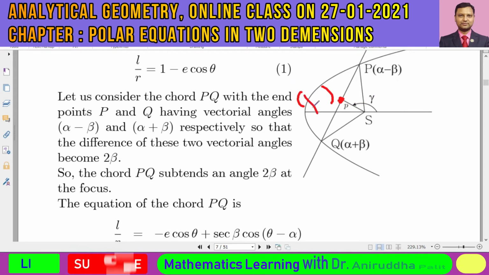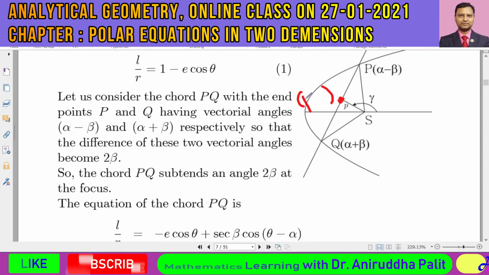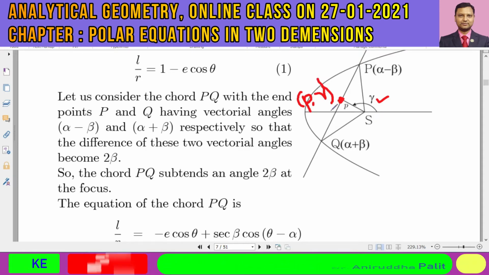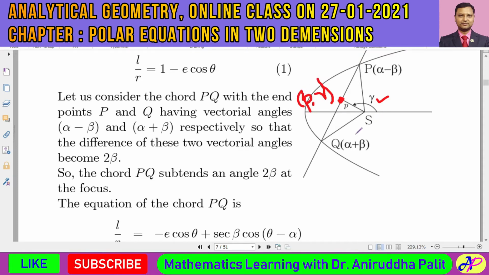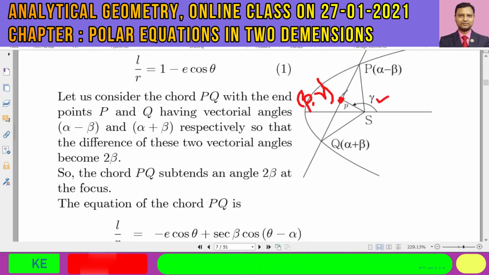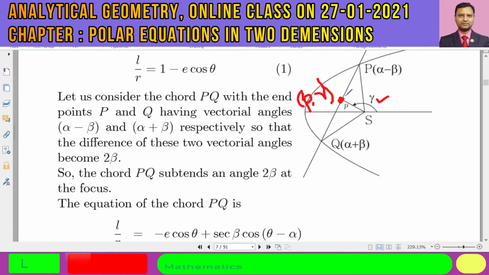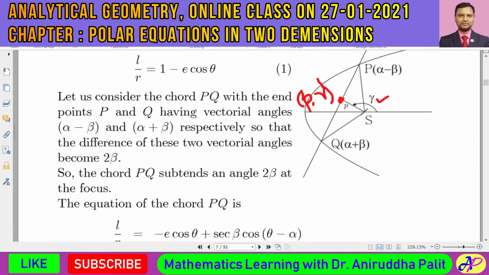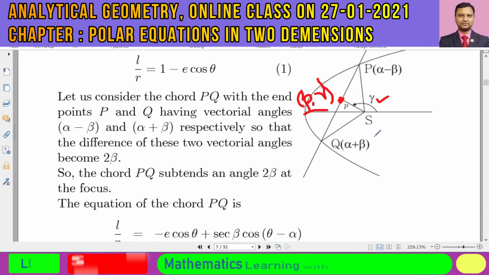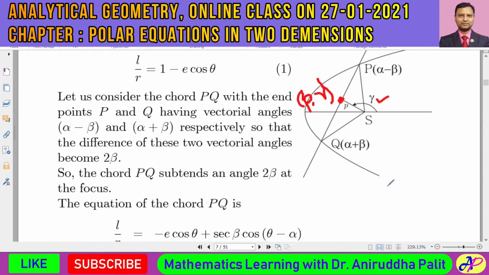Then the radius vector of the point must be equal to small p. And if this angle is considered to be gamma, then its vectorial angle would be equal to gamma. So p comma gamma would be the polar coordinates of this foot of the perpendicular.